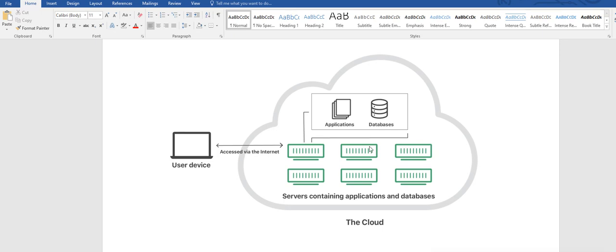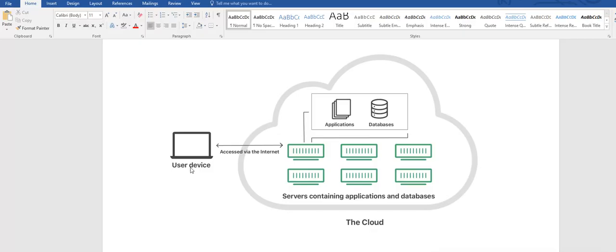Cloud is basically servers which contain all applications and databases, and a person with a device, for example a laptop or a mobile, is accessing the remote servers by using the internet and mainly the browser.